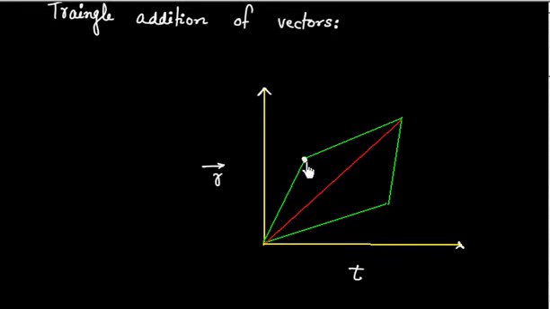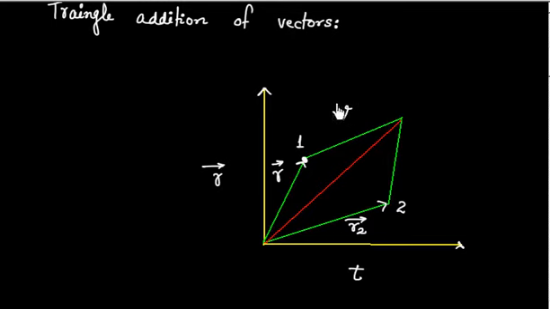Initially, somewhere here, particle number 1 has a radius vector of r1. The radius vector of particle number 2 is r2.